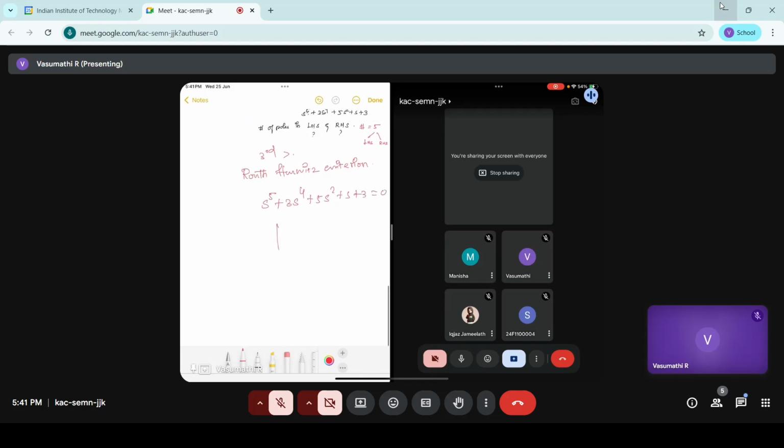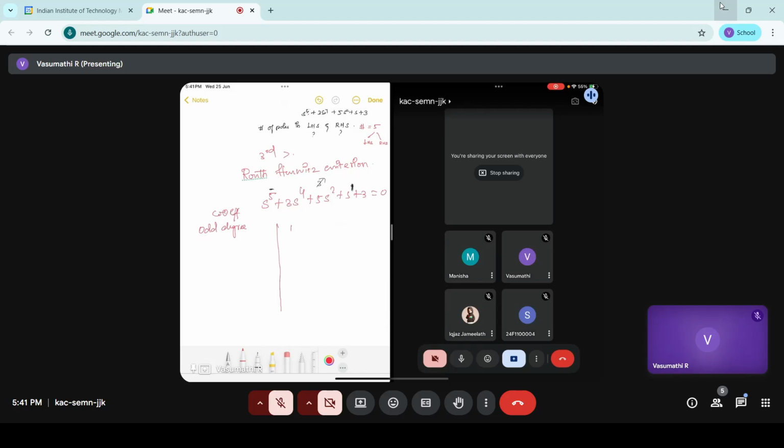So you have to write it in one particular order, where you first choose the odd degrees. For example, s power 5, s power 3 and s power 1 are the odd degrees. Write the coefficients of odd degrees first in the first row.